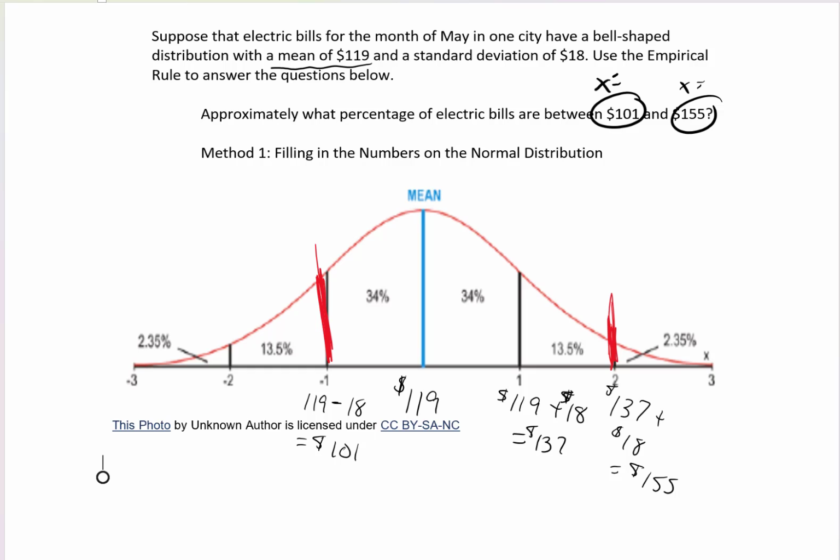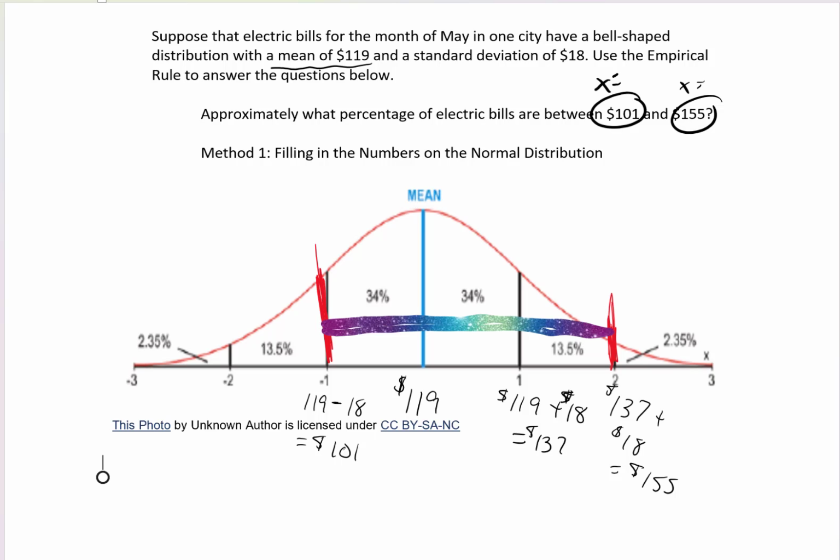So I know now $101 is 1 standard deviation below the mean, and $155 is 2 standard deviations above the mean. To find that percentage, I'm just going to add up all of the percentages in the area between the two values.